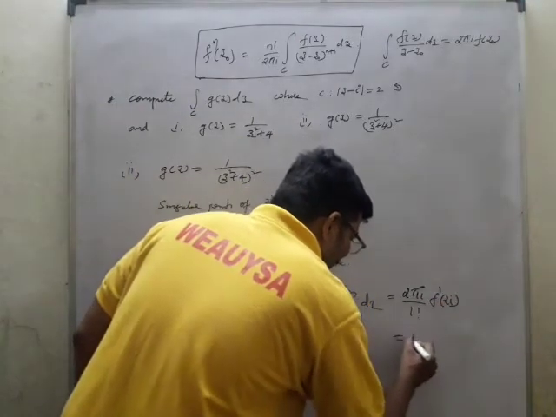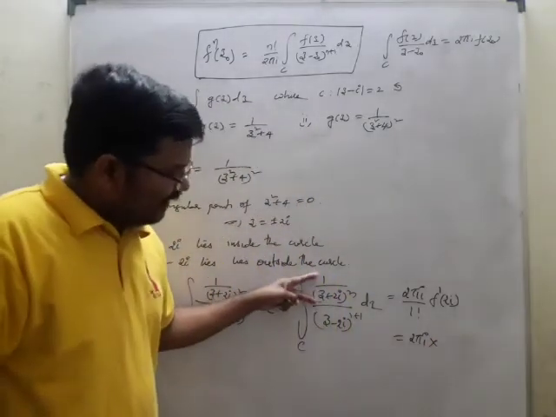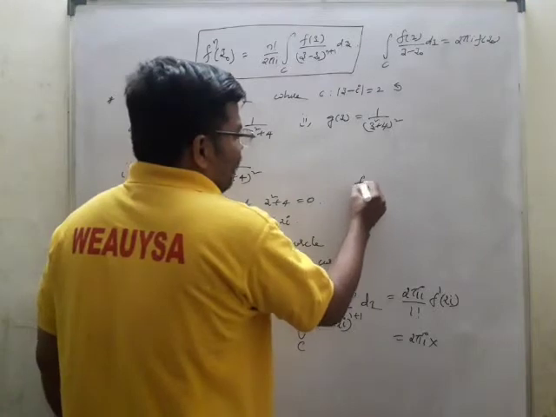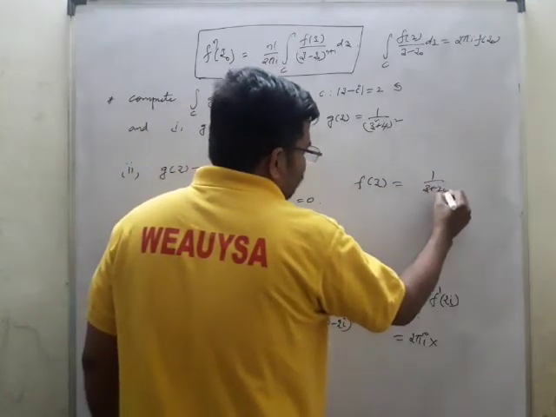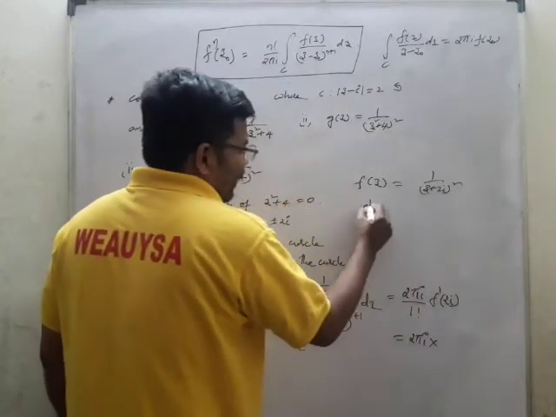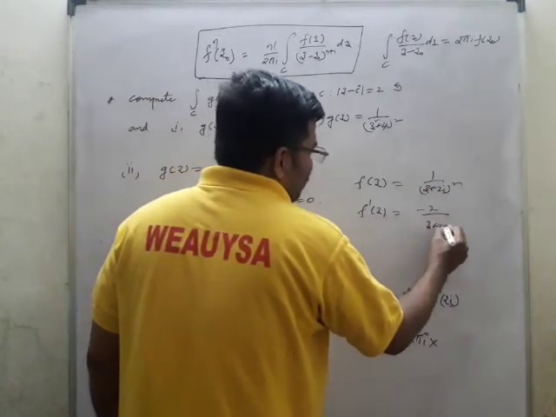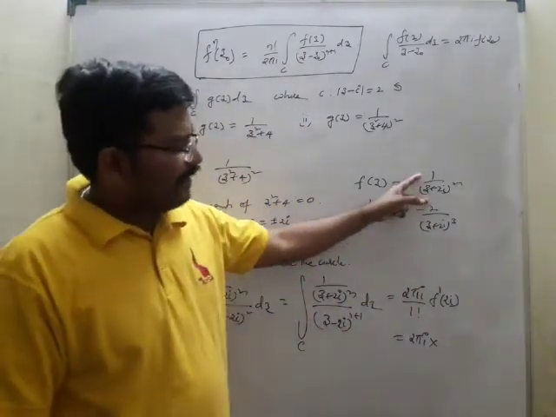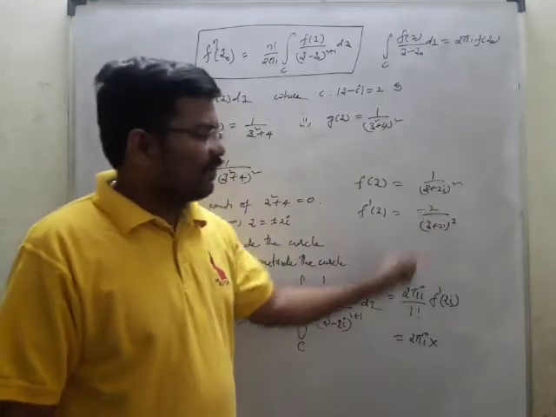So therefore I'll take it as 2 pi i into f dash. Now f of z is 1 by z plus 2i whole square, so f dash of z is minus 2 by z plus 2i whole cube. This is what we are going to have here.